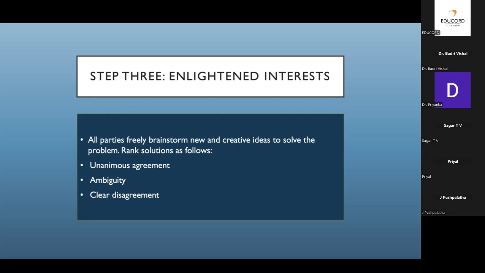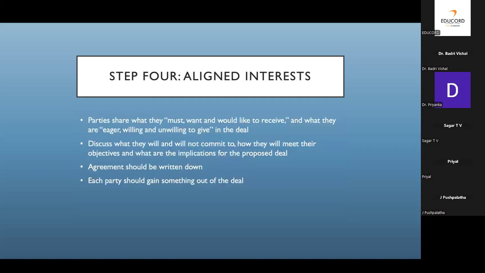Some ideas will be there that everyone will agree upon. That is unanimous agreement. Ambiguity: there will be 50-50, 60-40 people saying sure, not sure. And then there will be clear disagreements. So you need to make sure that you have clearly demarcated all these enlightened interests into these categories and then move to step 4.